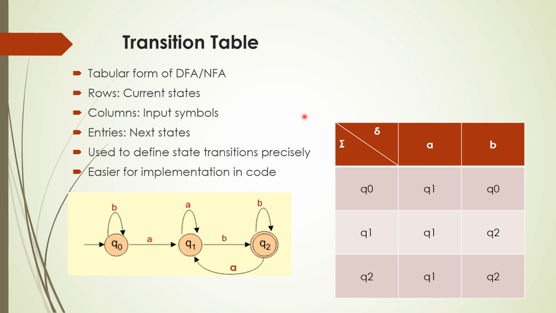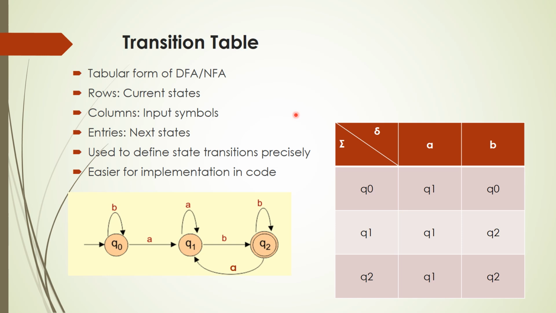In a DFA, this table is precise and unique. Each input has exactly one transition from a state. And in an NFA, the same input might lead to multiple possible next states. As we move forward with the playlist, we will check DFA and NFA problems, where you can see how a DFA contains precise and unique states as well as inputs, and an NFA contains multiple possible next states.